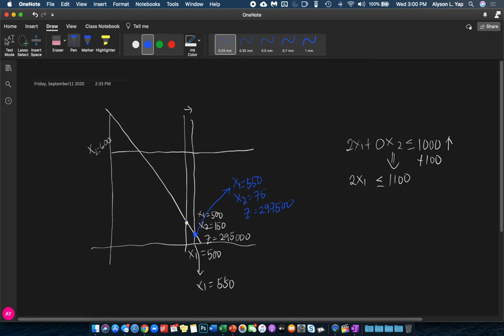Okay, again, from this optimal solution, it moved down to this corner point. Why?